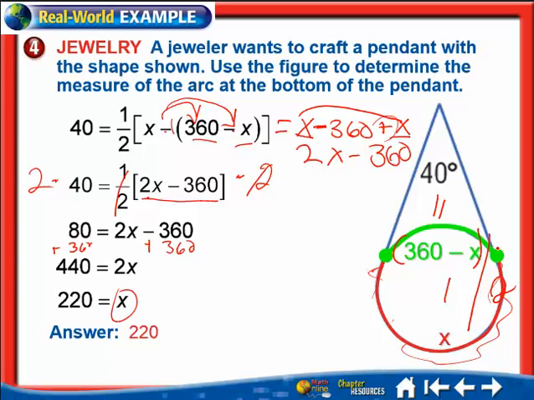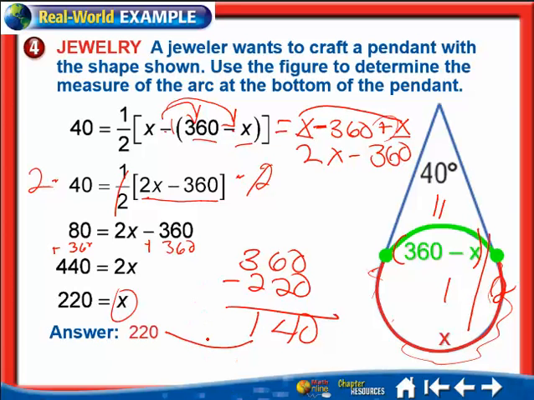What if it had asked me for my smaller arc? Then I would have to do 360 minus the 220, and I get 140. Now remember, you can always check yourself, because if these two are added together, they should equal the whole circle, which is 360 degrees. And they did.